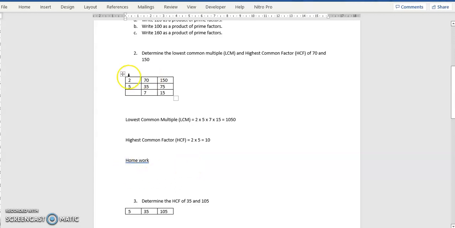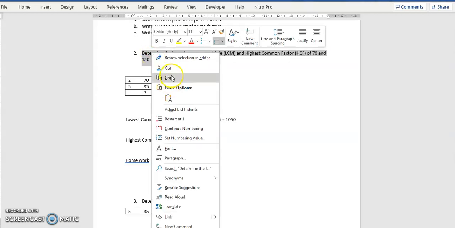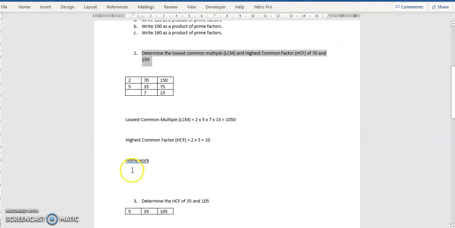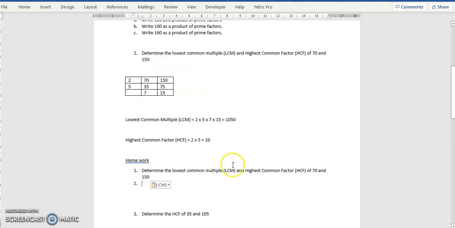Okay, now our first question: determine the lowest common multiple, LCM, and our highest common factor. This time I'm changing this 70 to 80, then this 50 to 60.